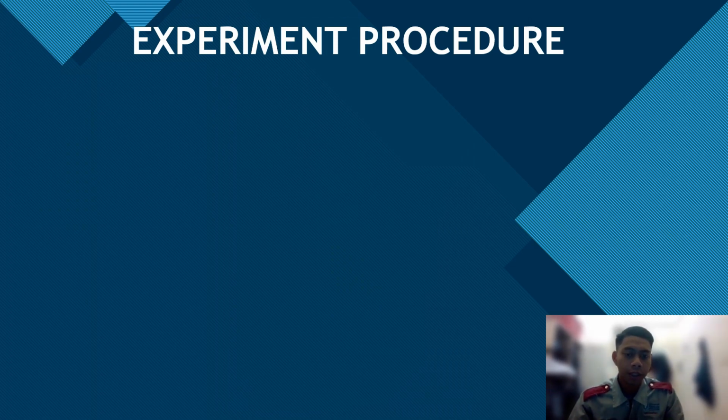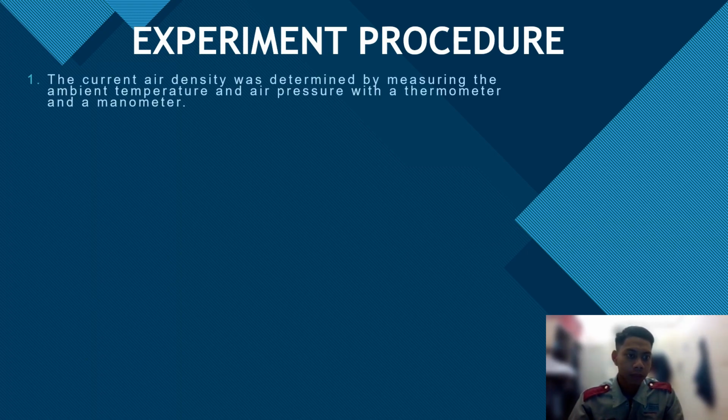For the experiment procedure, when we run the experiment, we have a procedure to make sure the experiment will be run completely and successfully. Firstly, the current air density was determined by measuring the ambient temperature and air pressure with a thermometer and a manometer.